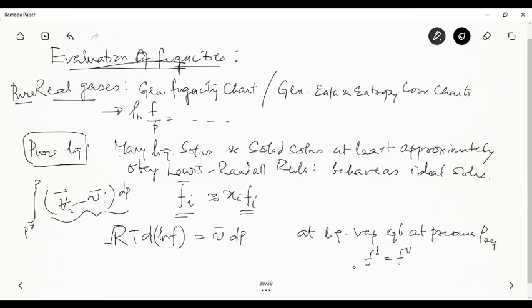because when liquid and vapor are in equilibrium, f_L and f_V at that pressure are equal.